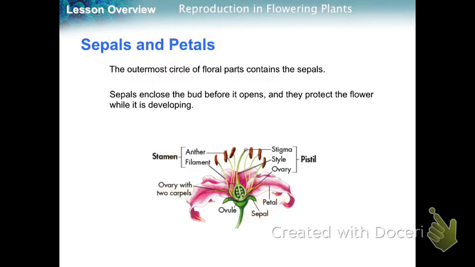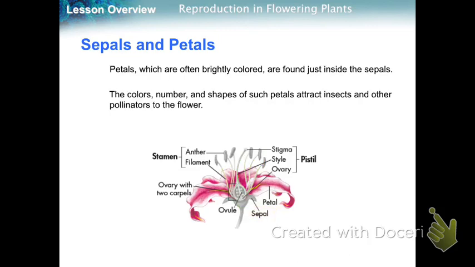So like I said, sepals are the protective structures for the bud before it opens. Right here. And then petals, which can be brightly colored, attract insects and other pollinators.